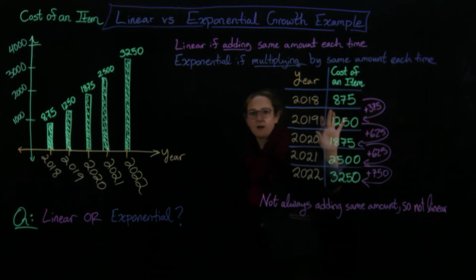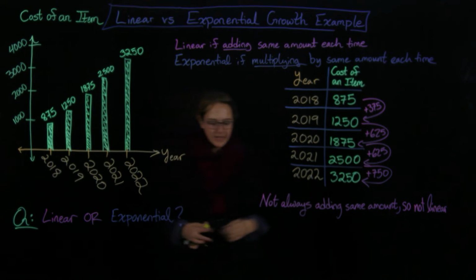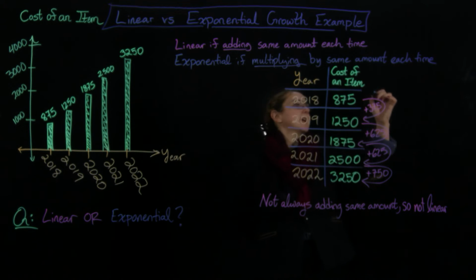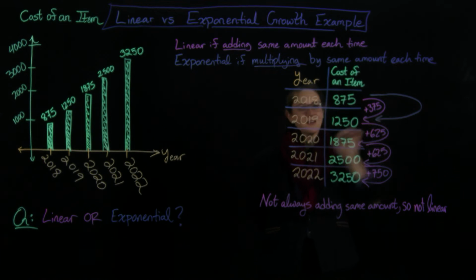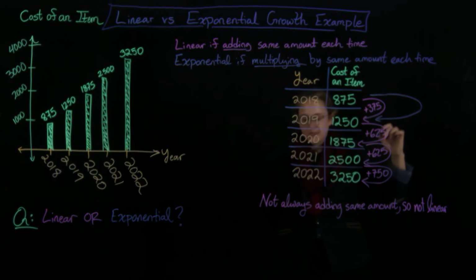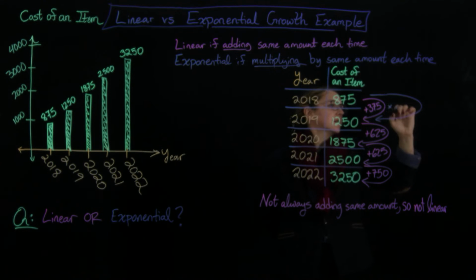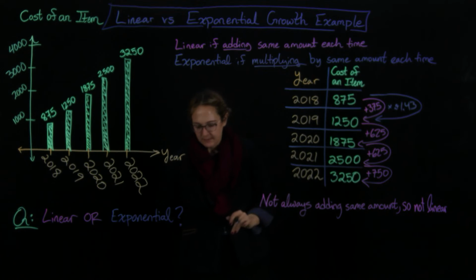Right, but then what about whether it might be exponential? So now I need to see about multiplying. To get from the first to the second, I'm going to multiply by approximately 1.3, so times approximately 1.43, right? I'm multiplying by approximately 1.43.